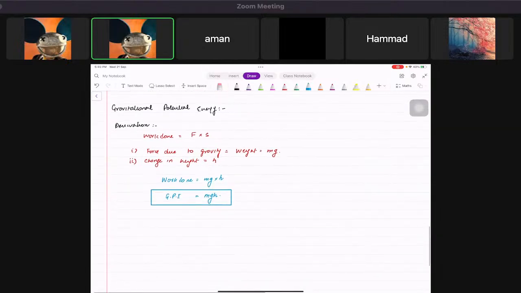But most importantly, about kinetic energy. Let's do its derivation. For that, you need to draw the graph. Okay.